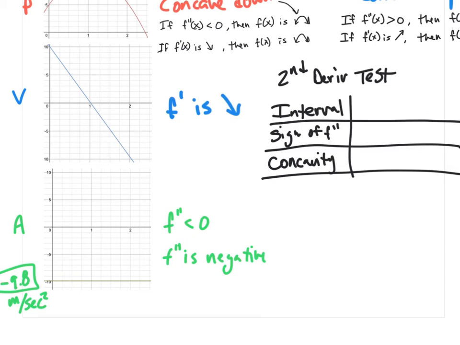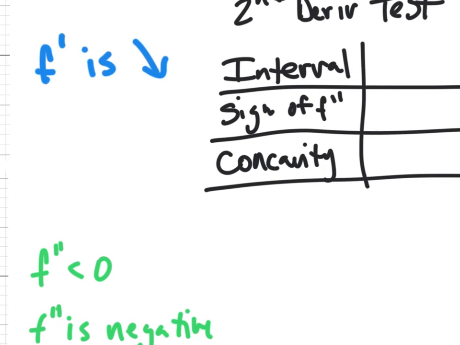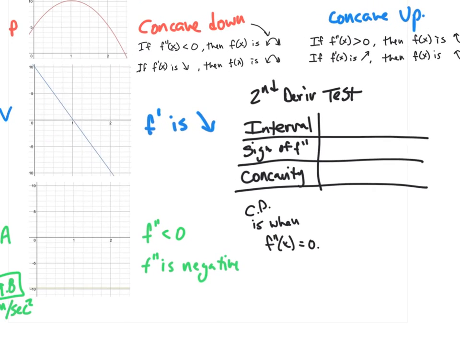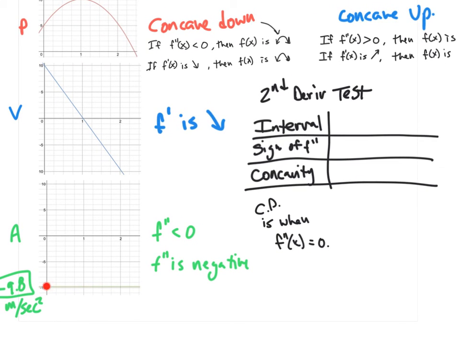We do a similar type of thing as when we find critical points. So critical points here is when f double prime of x is equal to 0. On this example, our acceleration is constant, so our graph is not actually going to hit the x-axis.